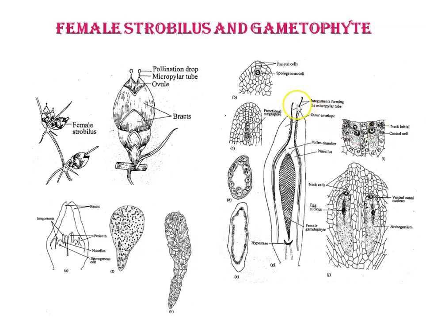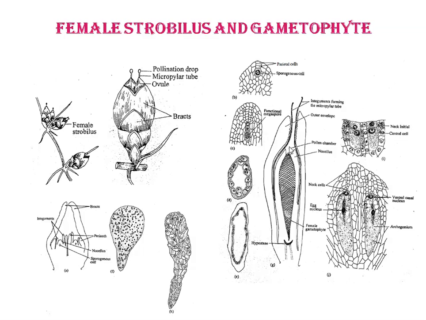This is the long micropyle, and by this time there is a deep pollen chamber. This pollen chamber has been formed by the breaking down of cells in the upper part of the nucellus.